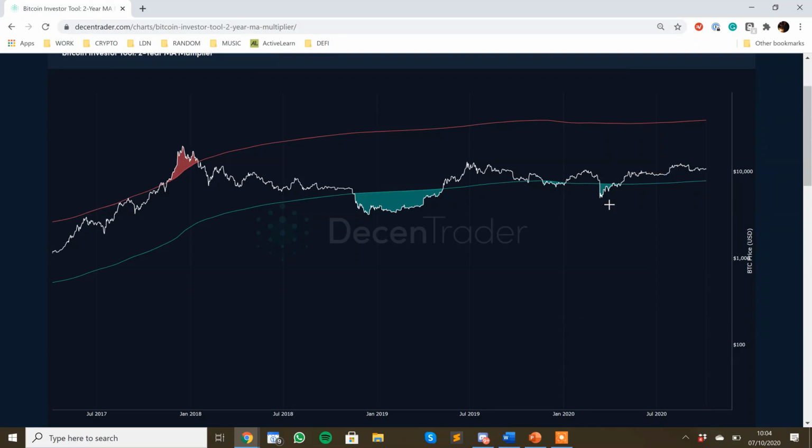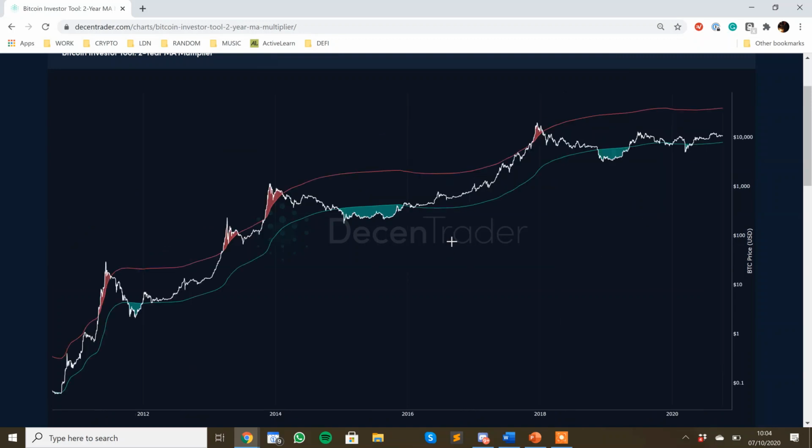So where could we go with this indicator? Well, currently price is around $10,500. The upper boundary is currently just shy of $40,000. Now, what we can see in previous cycles is that as we enter the latter stages of the bull market, price tries to catch up with this upper boundary, and you can see that forces that moving average line to track upwards.